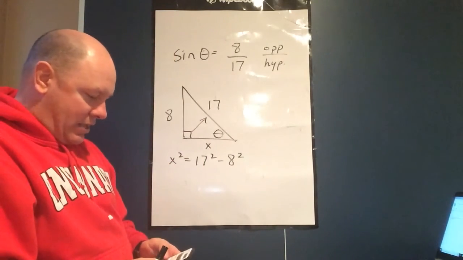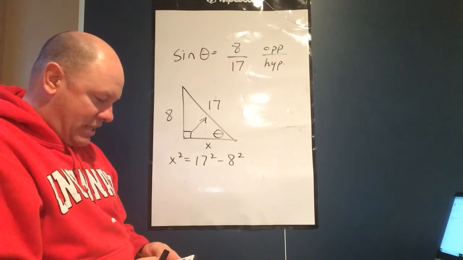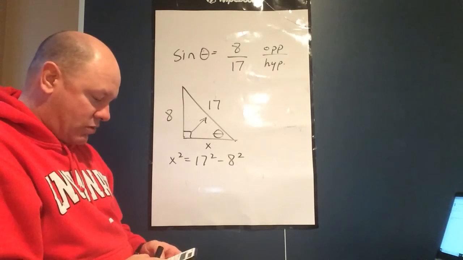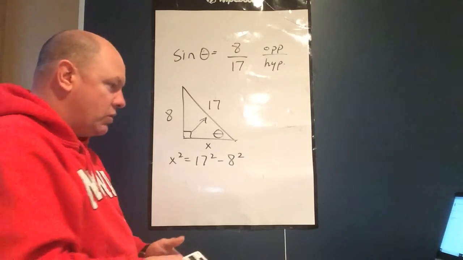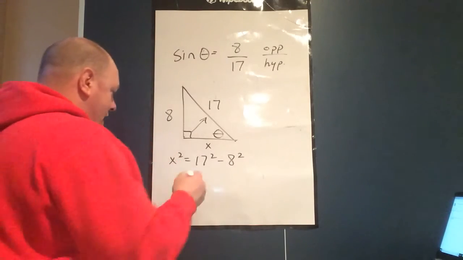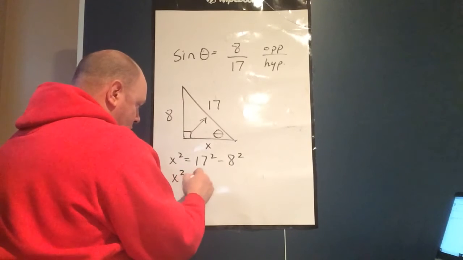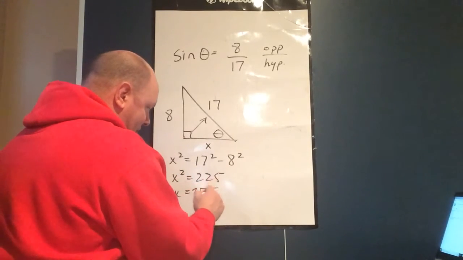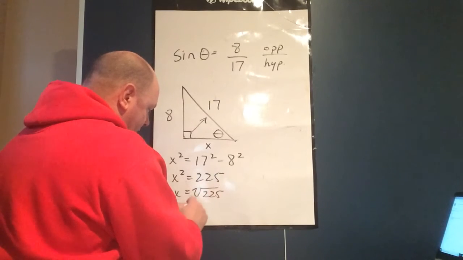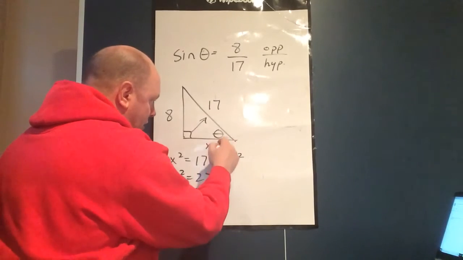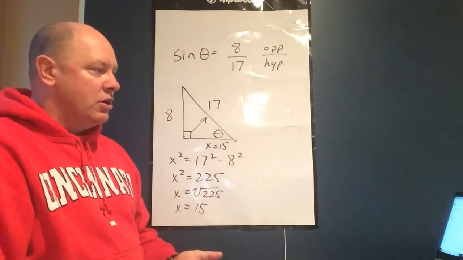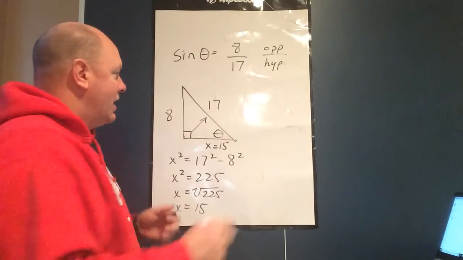I take my 17 and square it, subtract 8 squared, and I get 225. So x squared equals 225. I square root that to get my x value, and I get 15.